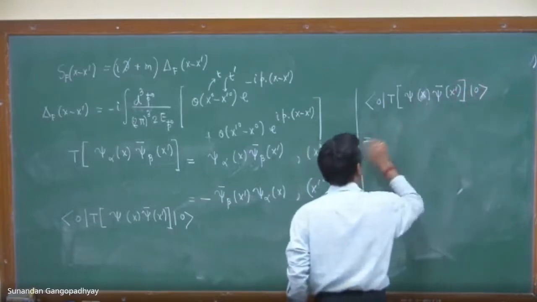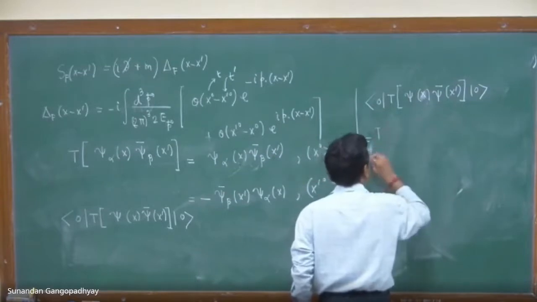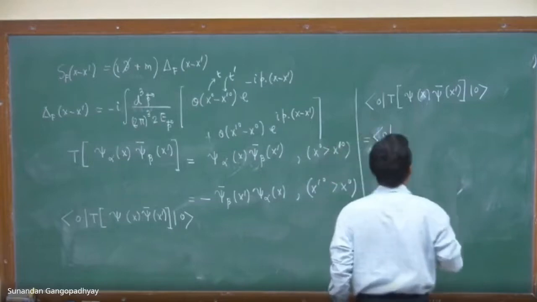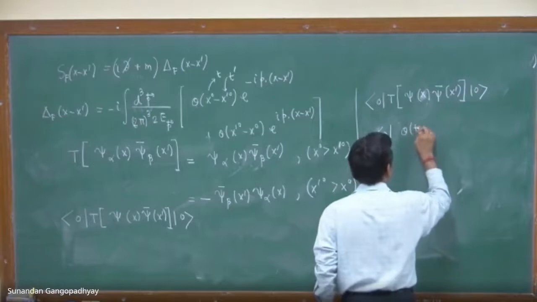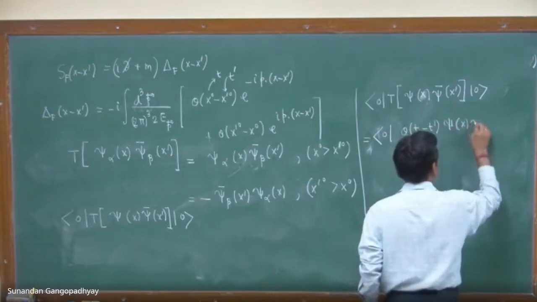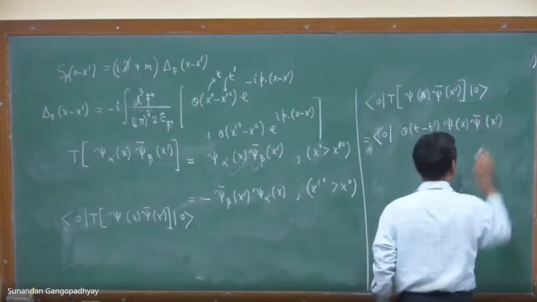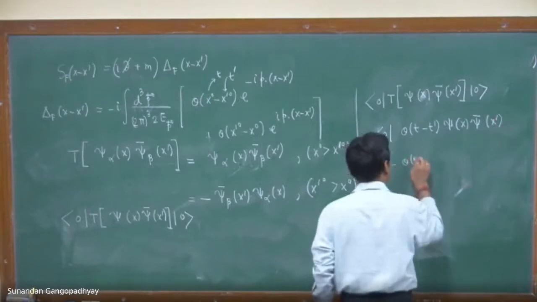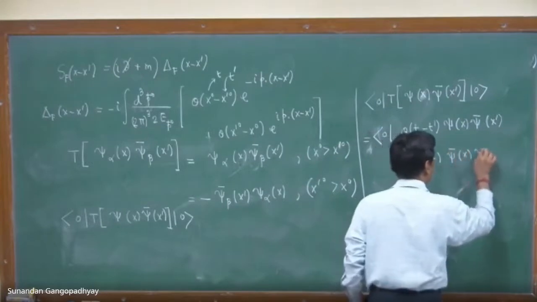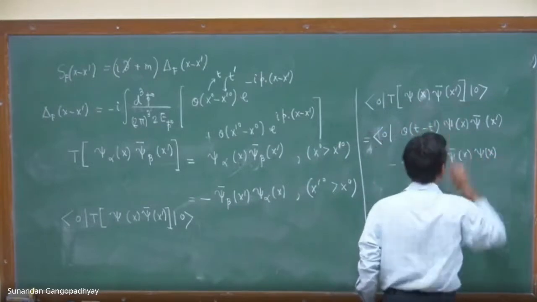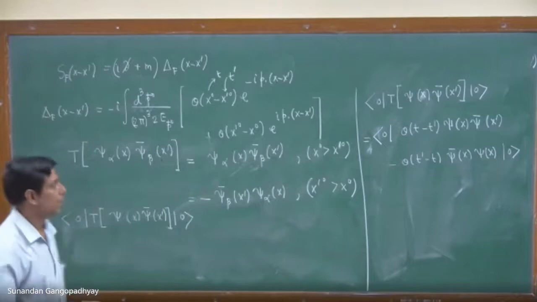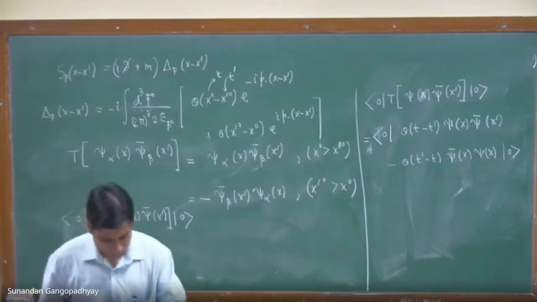You can keep the time ordering outside, or you can write this now as theta of t minus t prime psi of x psi bar of x prime, minus theta of t prime minus t psi bar of x prime psi of x. So we have expanded this time ordering now, and now you can substitute the mode expansions here.